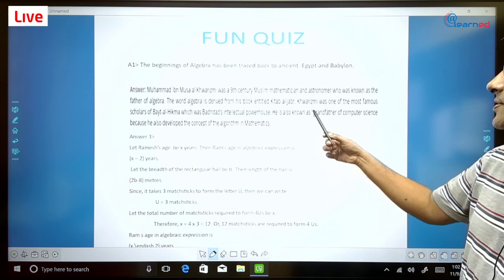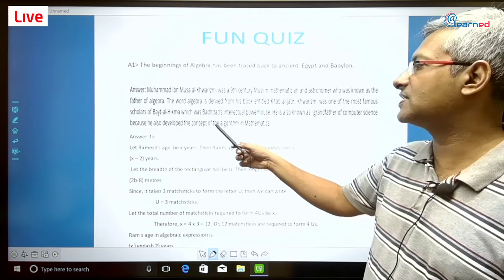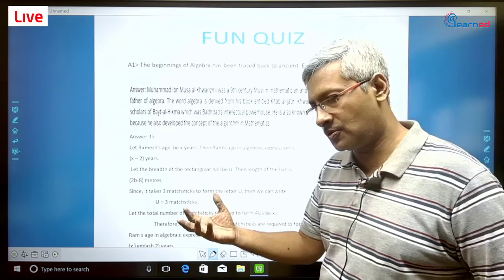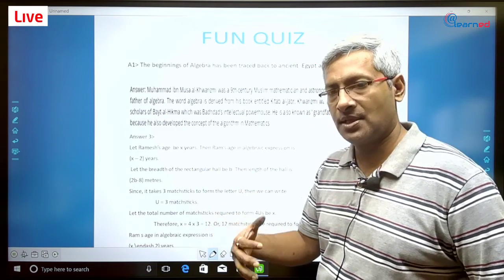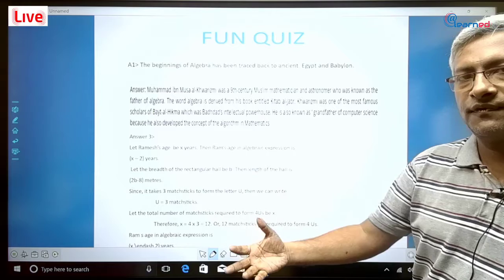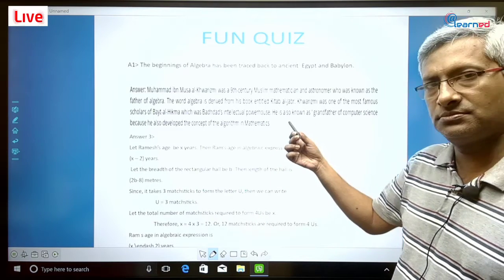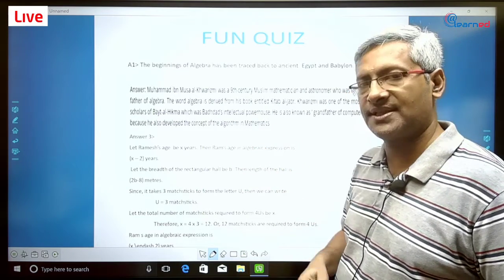He is also known as the grandfather of computer science because he also developed the concept of the algorithm in mathematics. In computers, you must be knowing that you have to solve any problem using an algorithm, the steps required to find a solution to a problem. So he's known as the grandfather of the algorithm in mathematics.